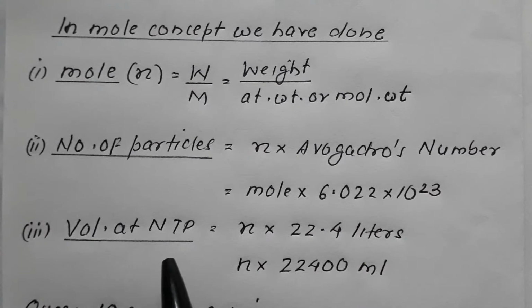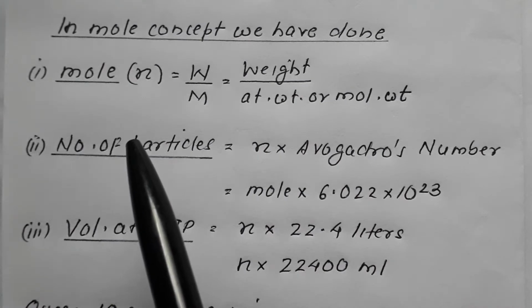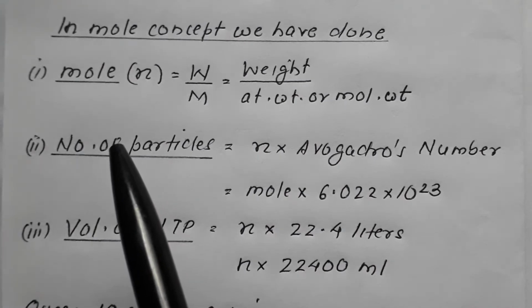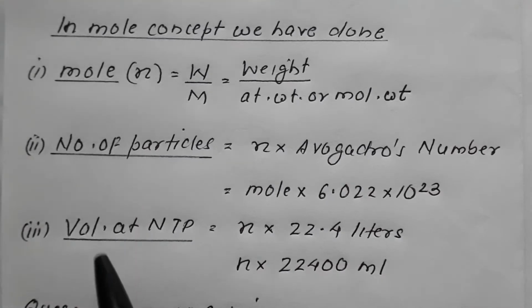And the volume at NTP is n into 22.4 liter, that is n into 22400 ml. So these are the three formulas which we utilize to calculate the mole concept numericals. Now these three are intermingled with the chemical equations, and this combined topic together is termed as the stoichiometric calculations. Let us begin.